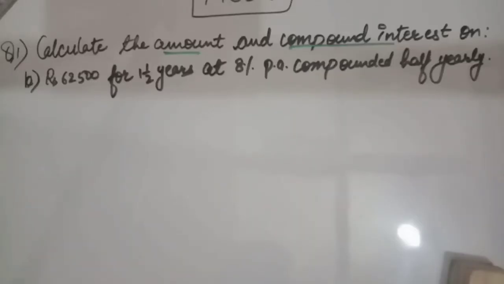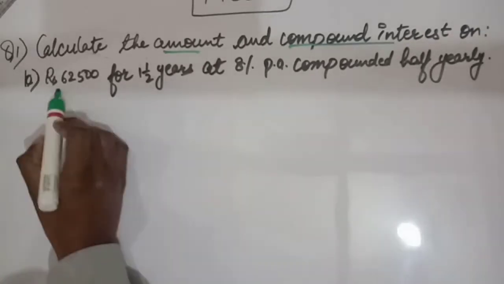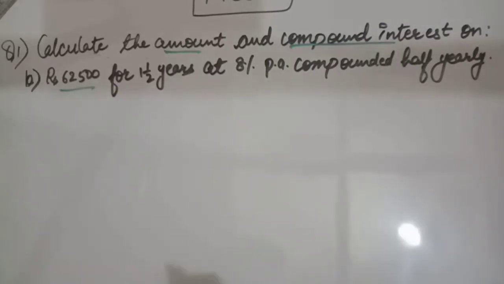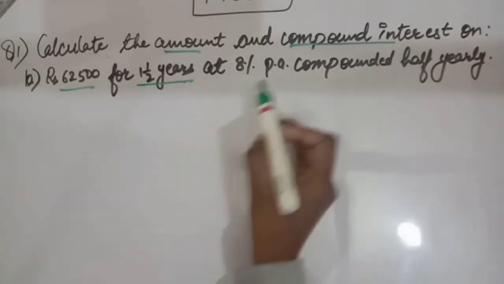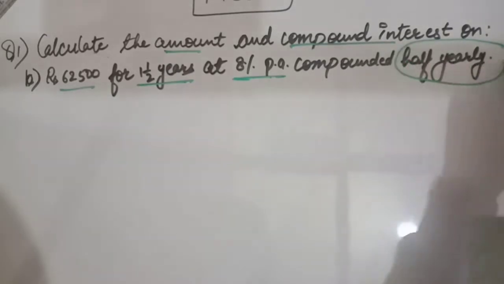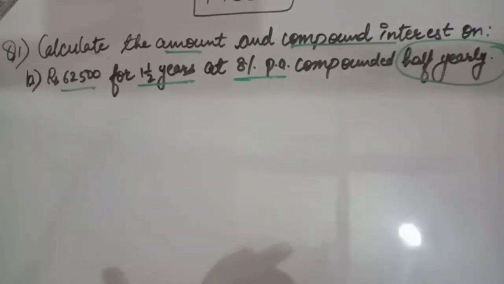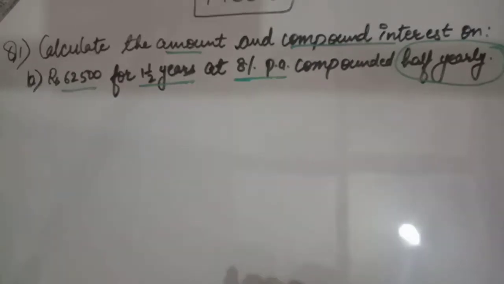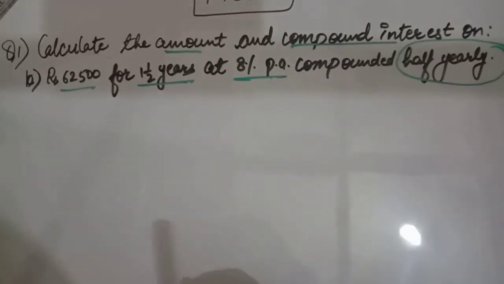The second question that we have is, calculate the amount and compound interest on rupees 62,500 for 1.5 years at 8% per annum compounded half yearly. Now the interest is charged half yearly. Okay?